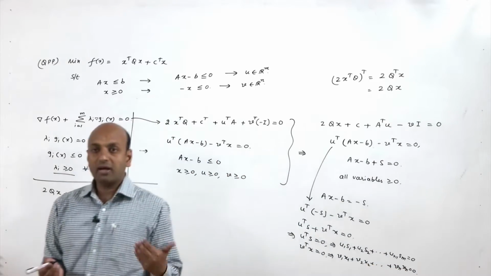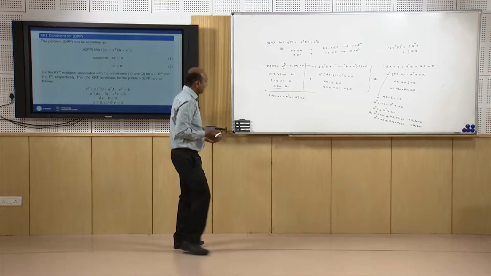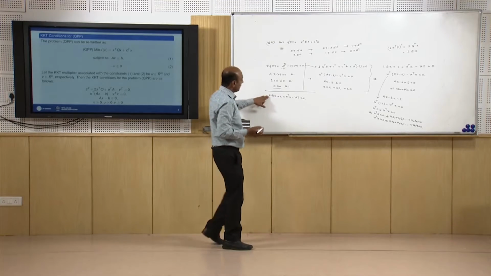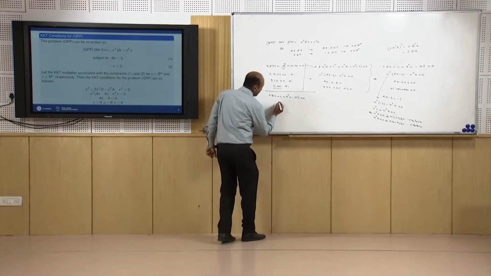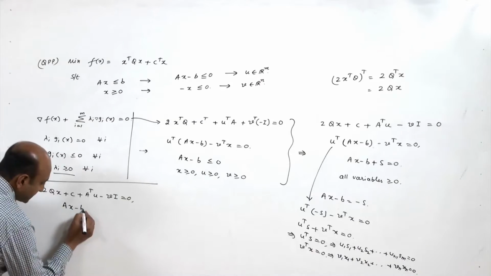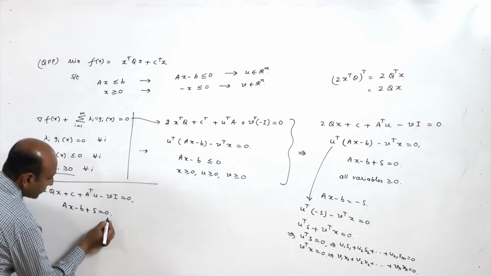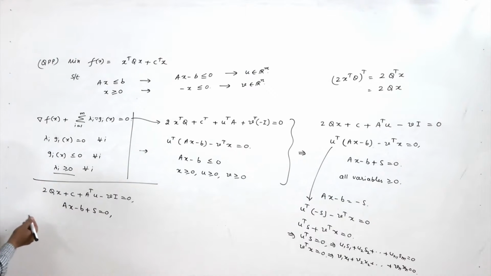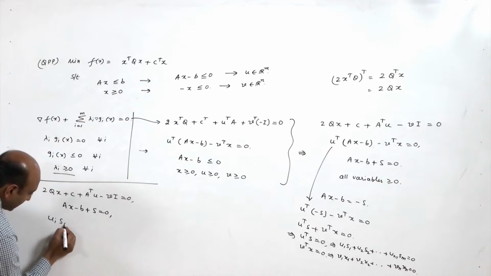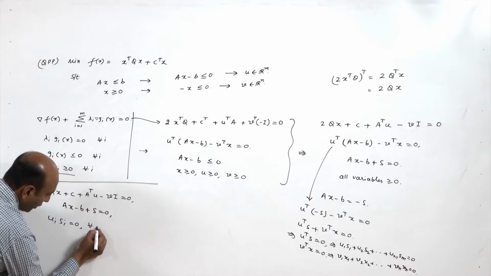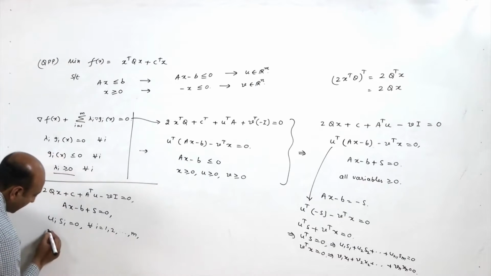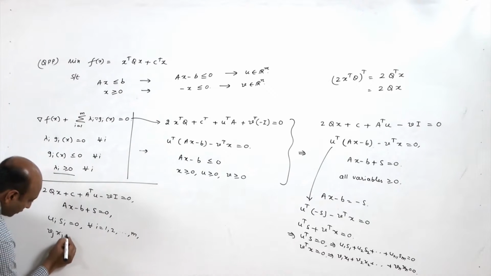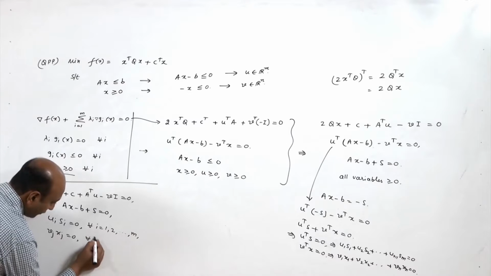So what have we finally concluded? The first equation remains as it is, then Ax minus b plus s equal to 0, and we have the constraint ui si equal to 0 for all i from 1 to m, and vj xj equal to 0 for all j from 1 to n.